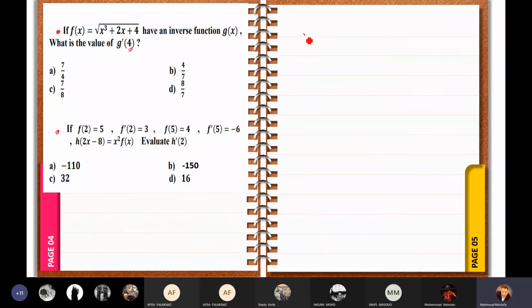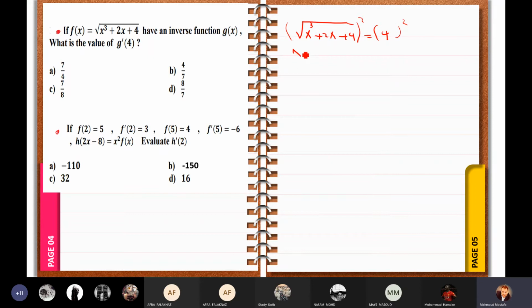So the square root of x cubed plus 2x plus 4 is equal to 4. First, you have to square both sides.